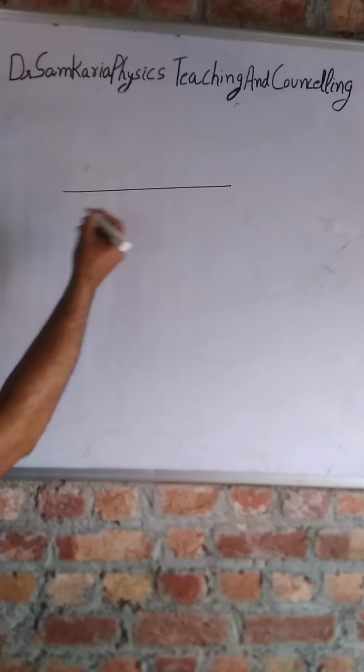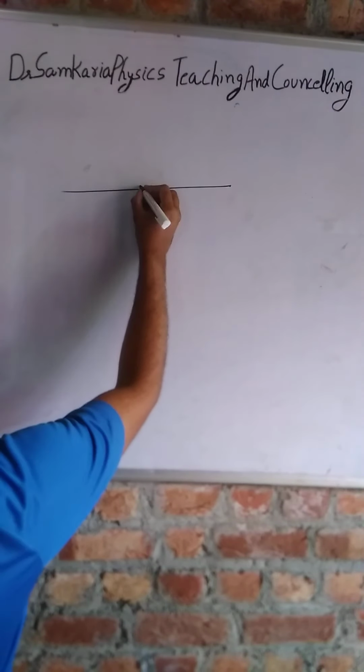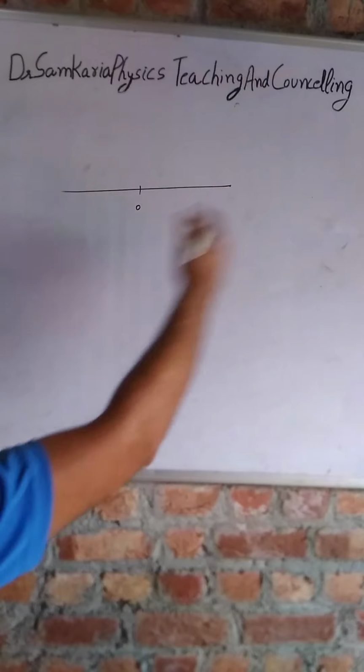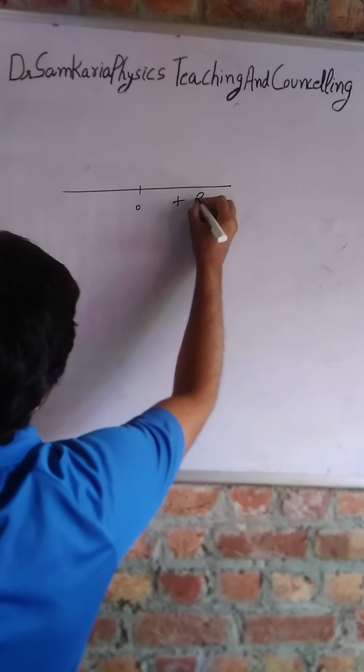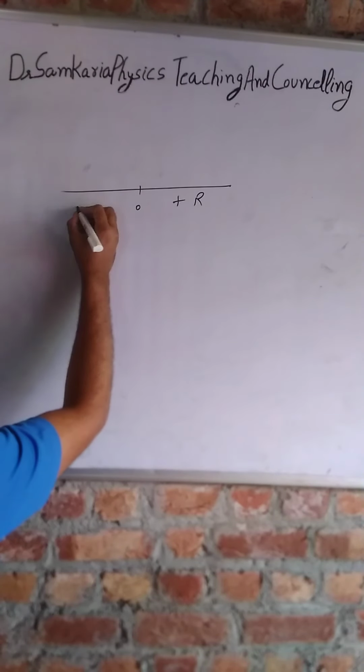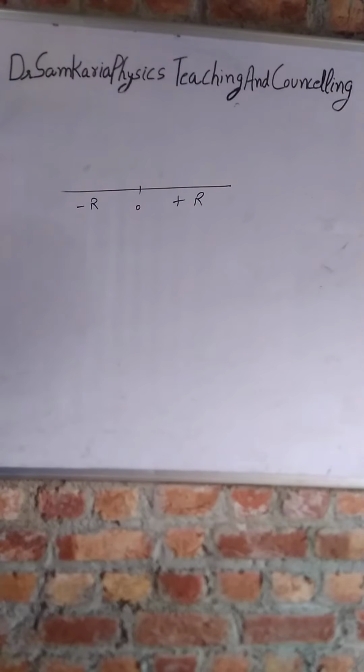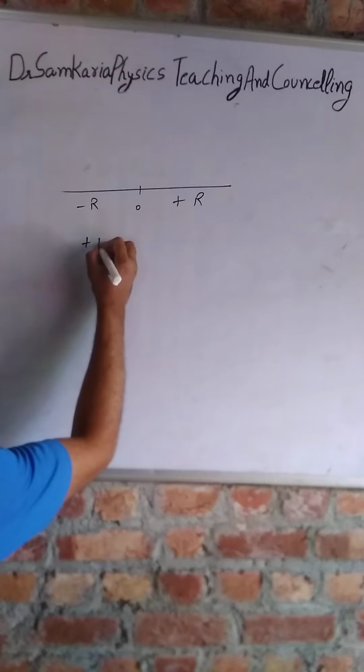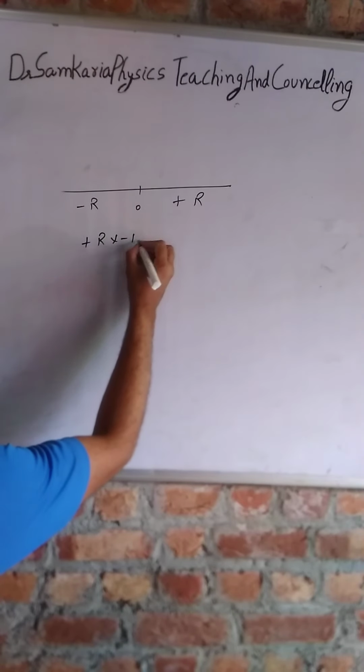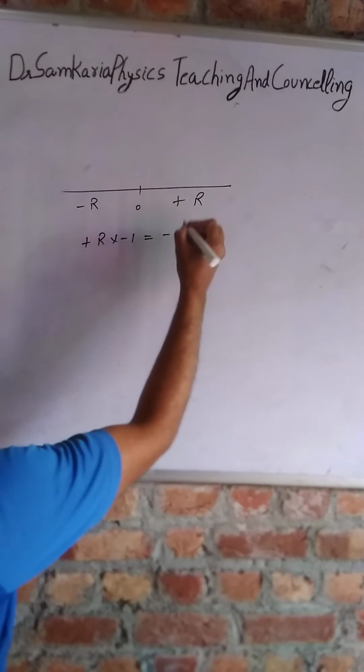Now this is a real number line, and suppose this is 0. On the right hand side of the 0 we have all positive real numbers, and on the left hand side of this 0 we have all negative real numbers. Now students, if we multiply any positive real number with minus 1, we will get the same real number with negative sign.